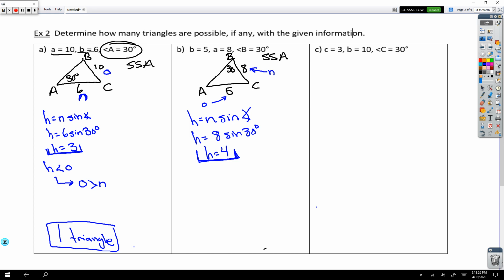Here, we see that h, my height, is still less than the opposite side, right? So let's compare the opposite side to my adjacent side. Here we see my opposite side is also less than the adjacent side, that n. So in this case, we would have 2 triangles.